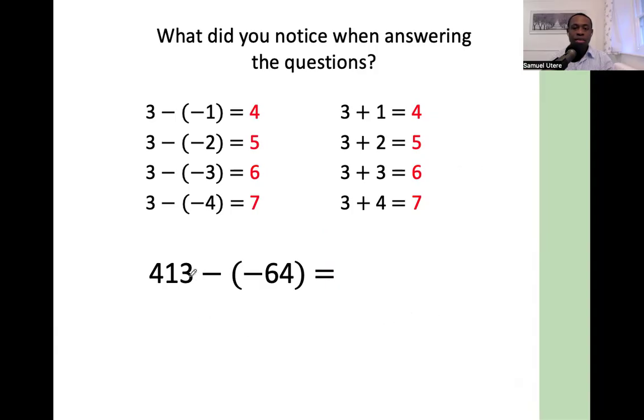So imagine if you were asked to do this calculation, 413 subtract negative 64, you're not going to use counters to do this, will you? That is why having this knowledge that the two negatives next to each other is actually positive will help you rewrite the calculation as 413 add 64.